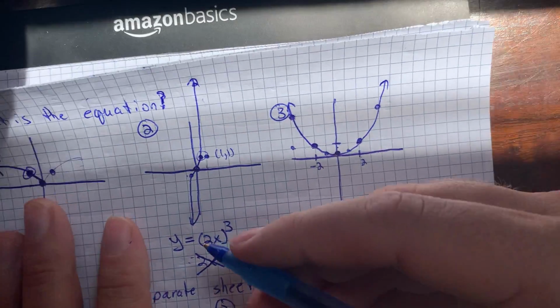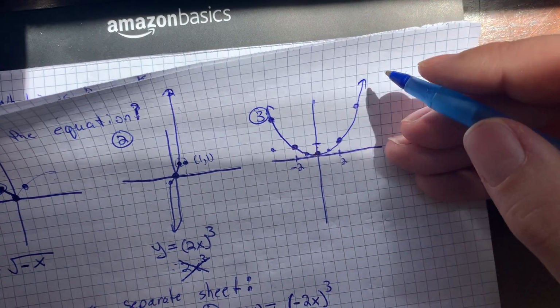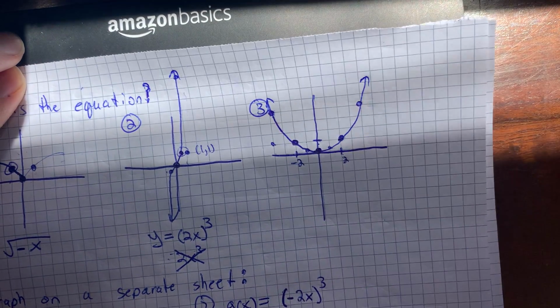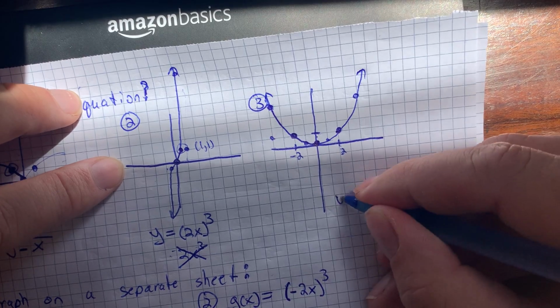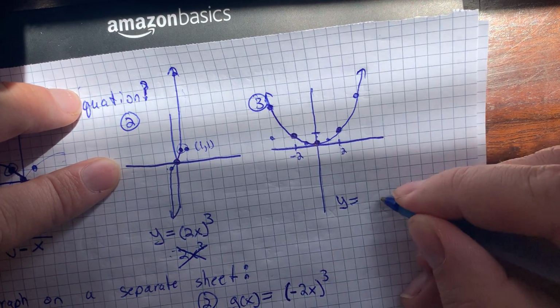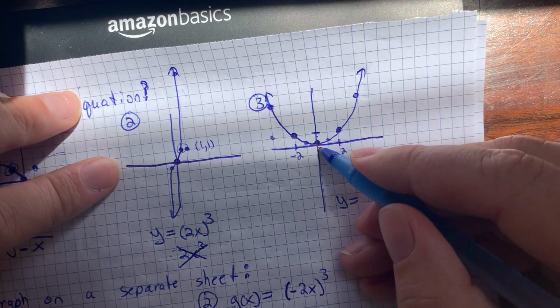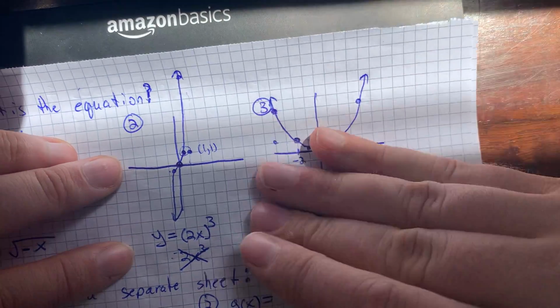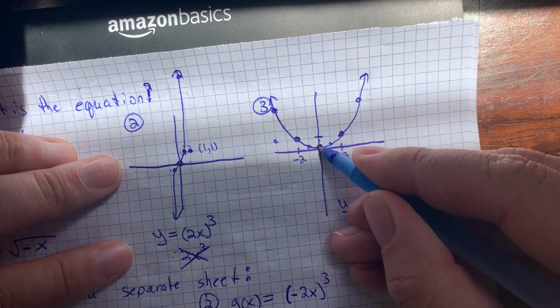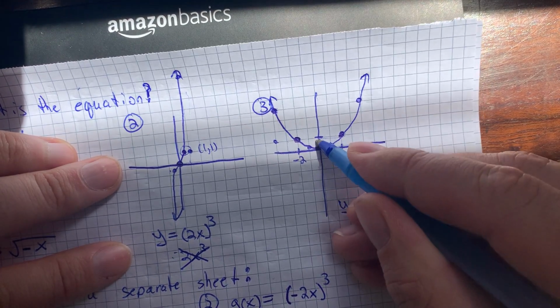Okay, let's look at our third one here. And our third one is a quadratic. And so hopefully you got the equation that this is y equals something squared. And there was no vertical reflection. I could think of this as a horizontal stretch.